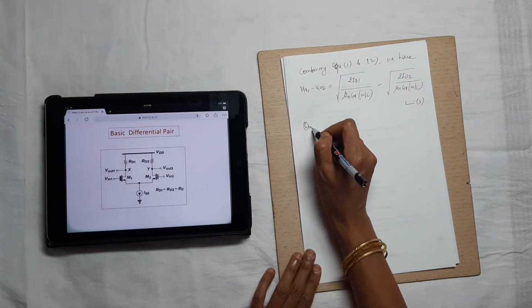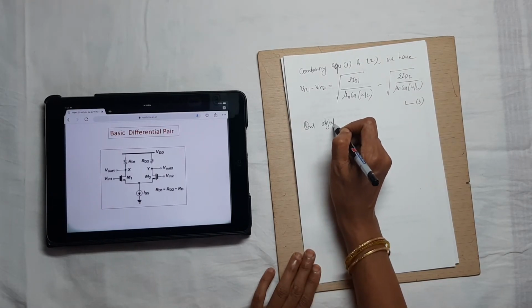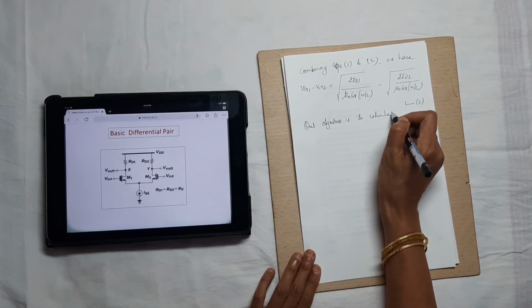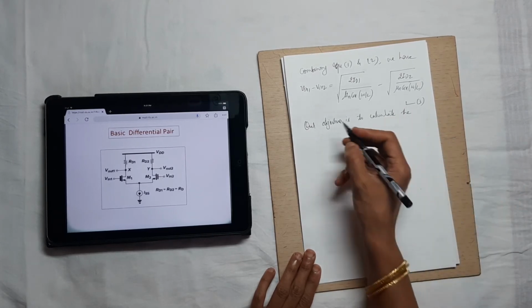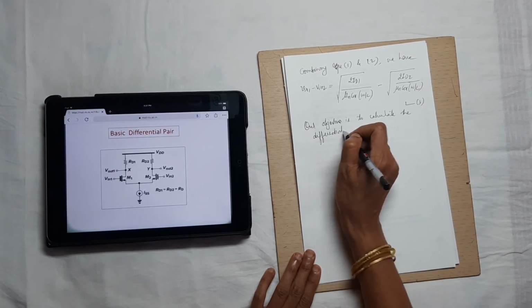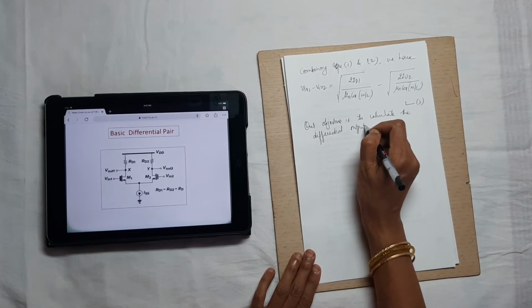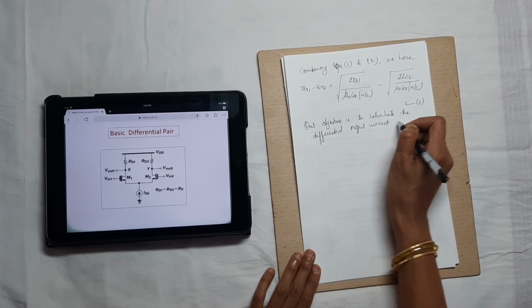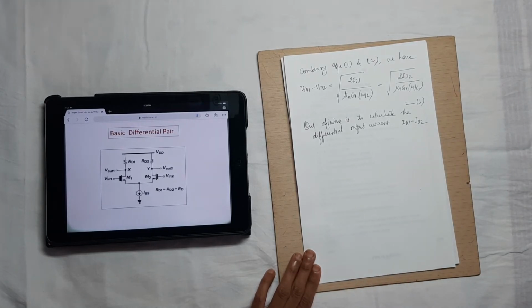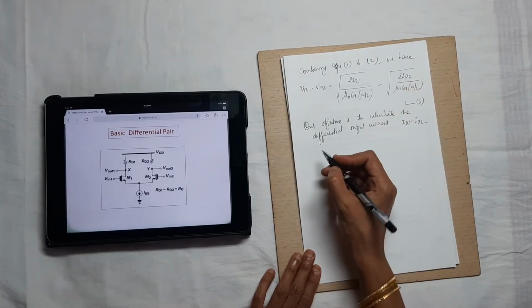Our objective is to calculate the differential output current, output current ID1 minus ID2. Now let us square this.